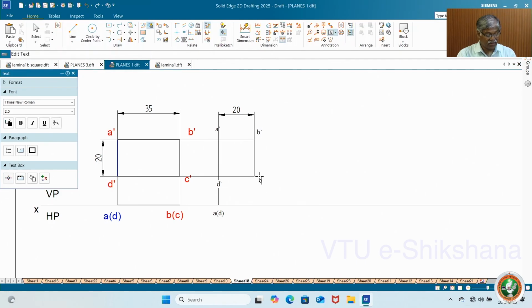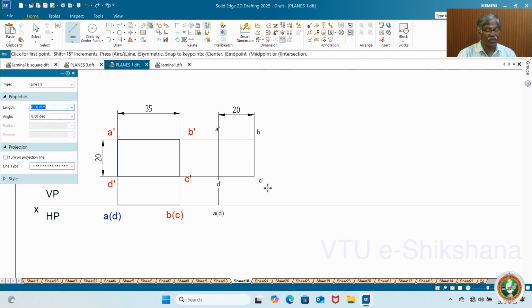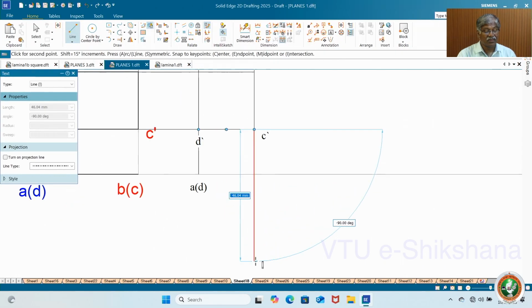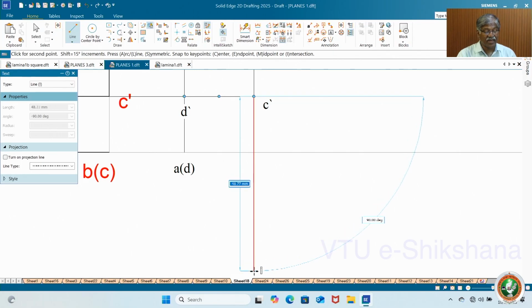This becomes B dash, C dash. Now to get the inclination, if you draw a vertical projector through this, you will get somewhere here BC. If you give inclination to the lamina, you will get somewhere here BC. How to get BC?